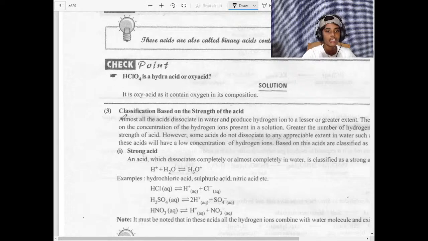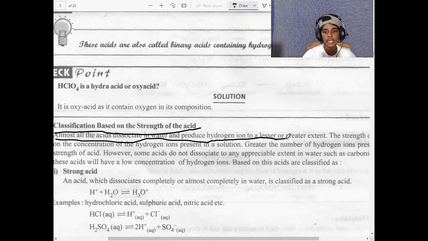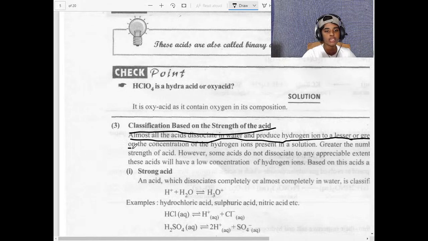Okay. Next, classification based on the strength of acid. Almost all acids dissociate in water and produce hydrogen ions to a lesser or greater extent. The strength of an acid depends on the concentration of the hydrogen ions present in a solution.